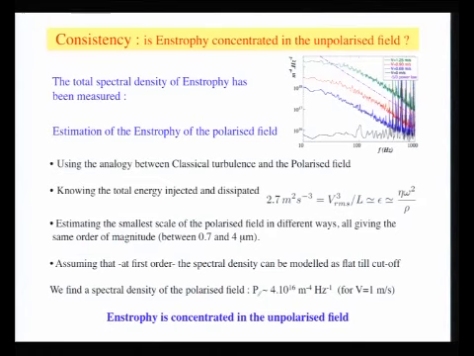Now we have to make some assumptions about the power spectrum density of the entropy in classical turbulence. We have a first order model stating that it is flat, which is not too far from the DNS as a first order approximation. So it is flat till the cutoff scale. When you put all these things together, we find an upper bound for the spectral density of a polarized field, and this quantity is lower than the measured spectrum.